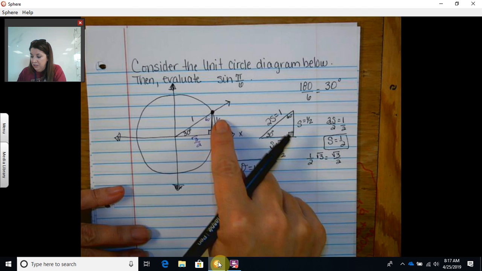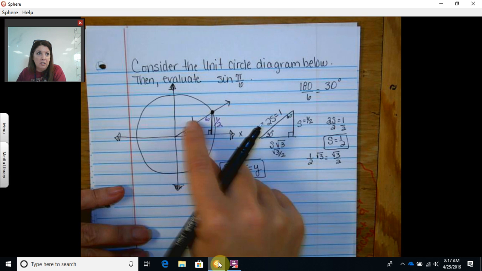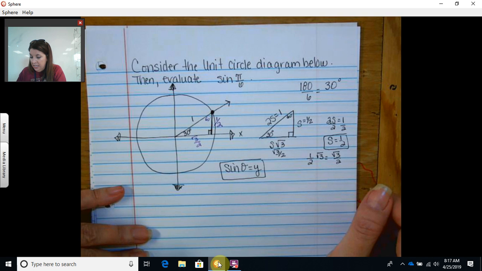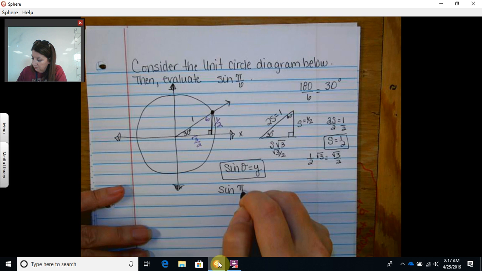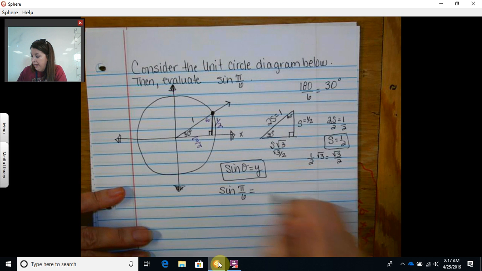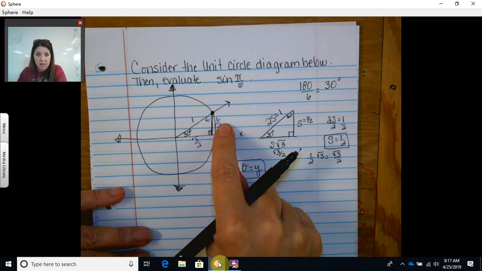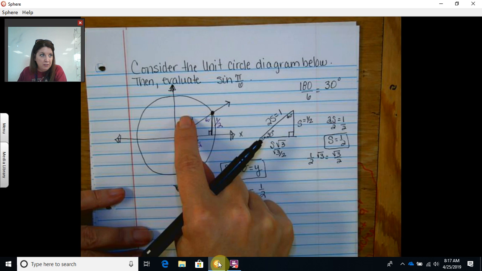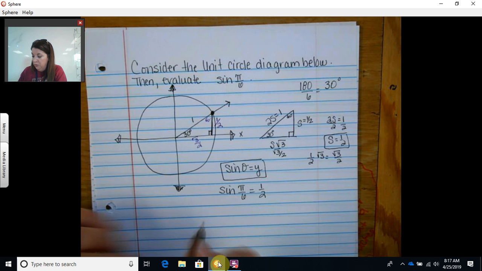So anything over 1 is just going to be whatever that opposite was, right? So what is the sine of pi over 6? 1/2. Because that's your y value. Also, if you did opposite over hypotenuse, which is what sine equals, right, you would get 1/2 over 1, which is just 1/2.